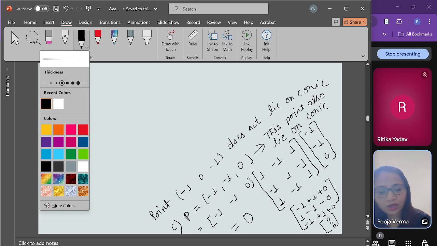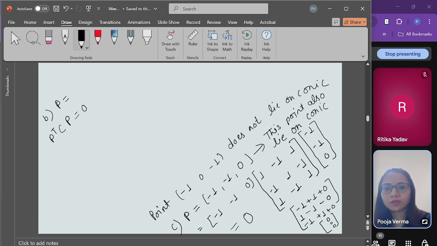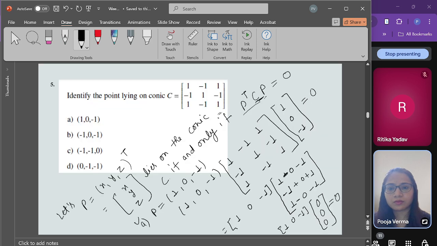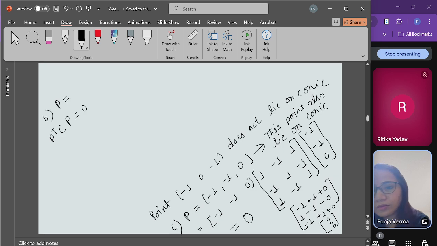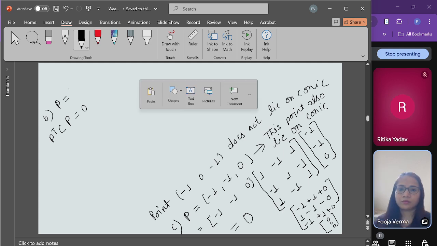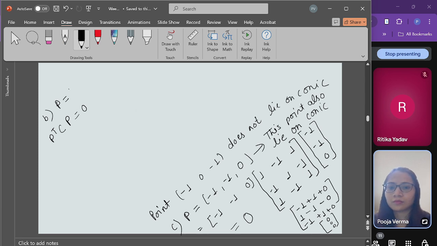Okay, so the last point, option D, is 0, -1, -1. So can you solve and let me know whether this point is lying on the conic or not?